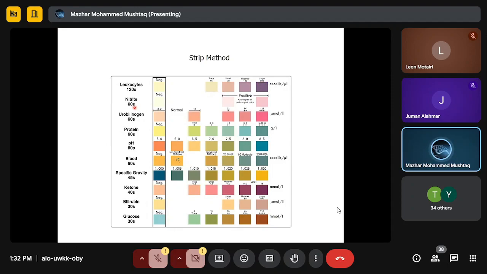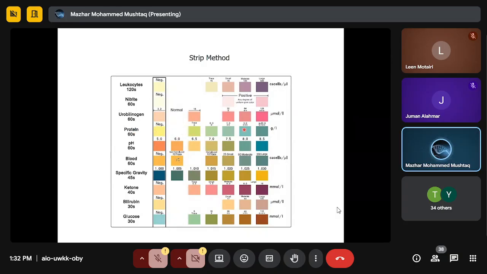Similarly, for nitrite, it is either positive or negative, it will give you these two colors. Similarly, for the urobilinogen, this is the normal color. As the color intensity increases, the concentration increases, for example, 16 milligram, 32 milligram. So either it is +1, +2, or +3. Similarly, for the protein, this is the negative color.